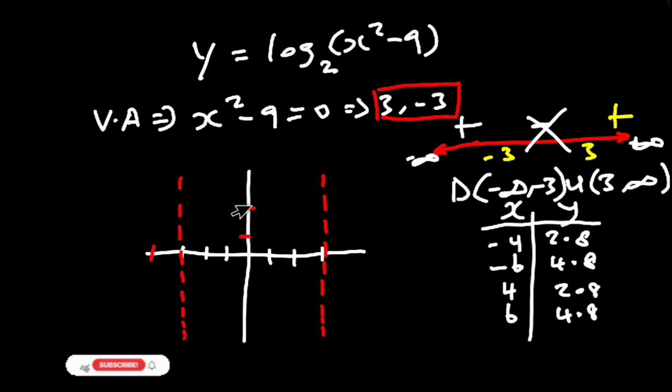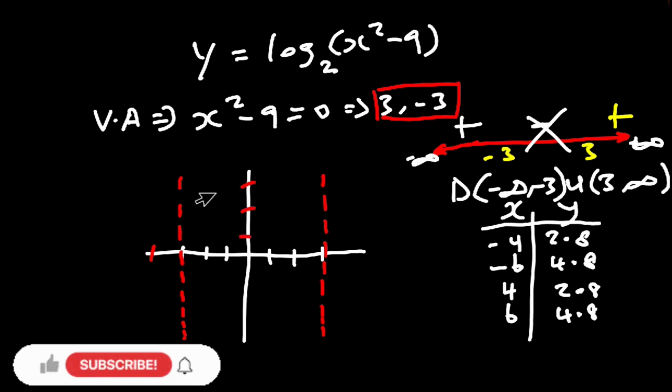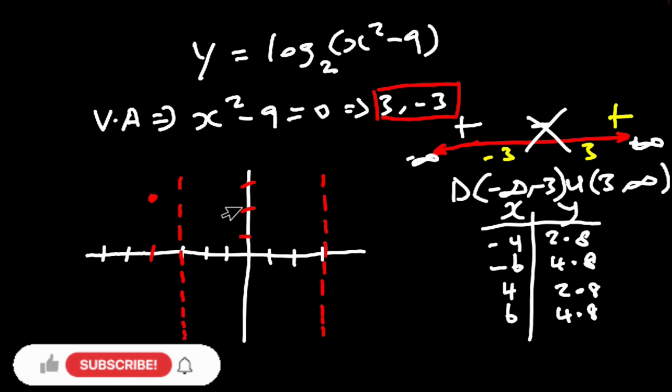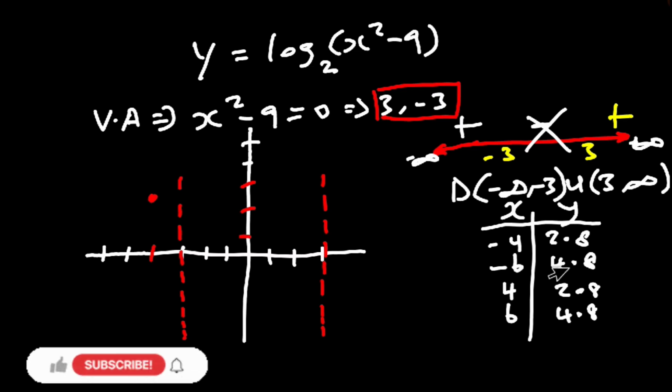We have 1, 2, and 2.8 is somewhere within this region, so we have it here. When x is equal to -6, y is 4.8. Let me extend this line. We have 1, 2, 3, 4, 5, 6, and then 1, 2, 3, 4, 5.